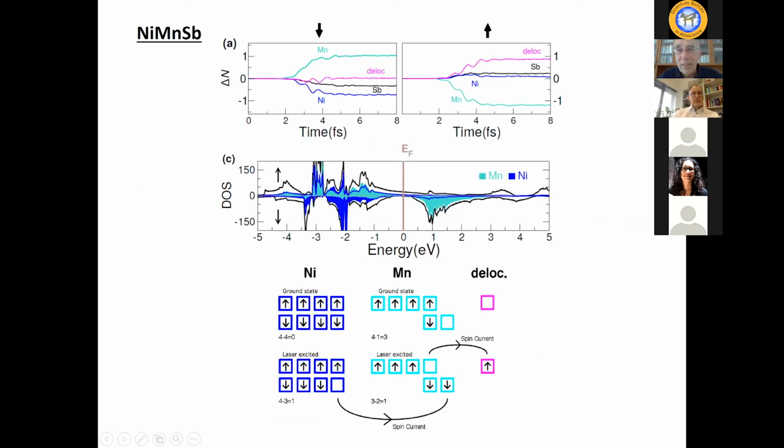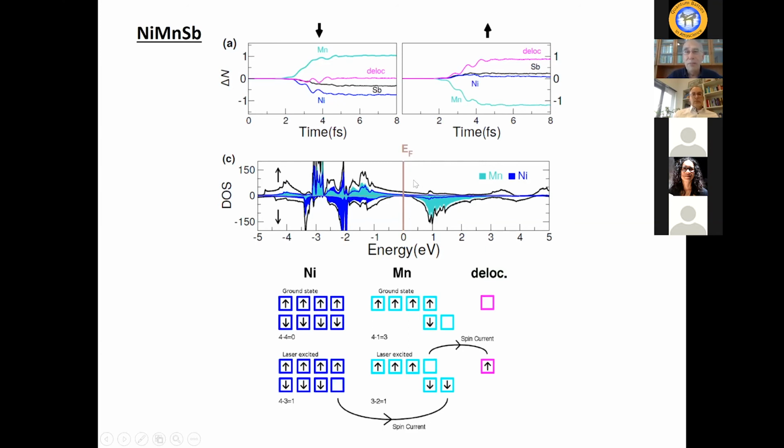So when does this happen, or why does this happen? Here it is very useful to look at the density of states that is present in the initial ground state. And this is plotted here. This is the occupied upspins and downspins, and that's the unoccupied upspins and downspins.